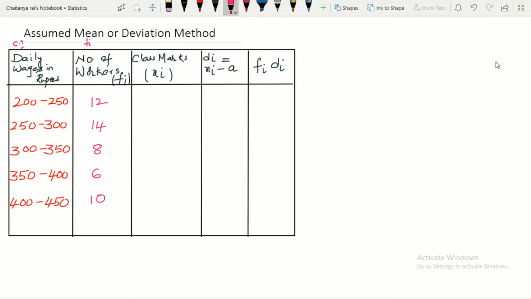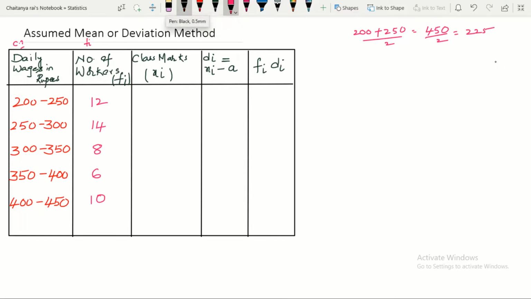Basically we add both the boundaries of each class and take the average. This will be 450 by 2, which equals 225.